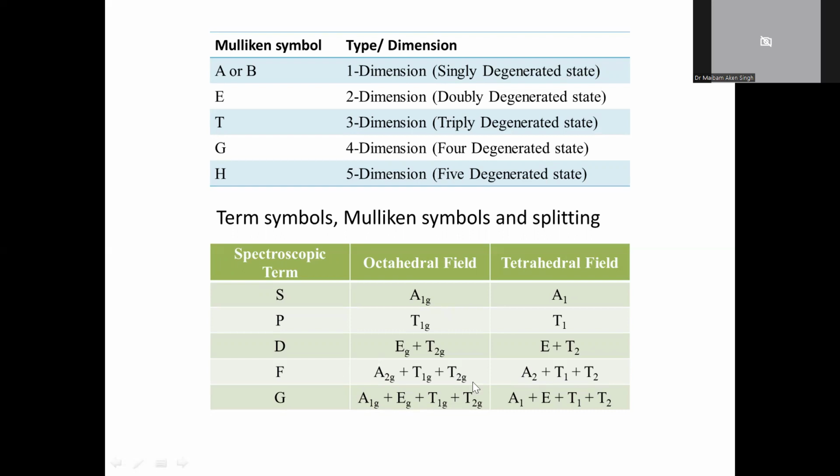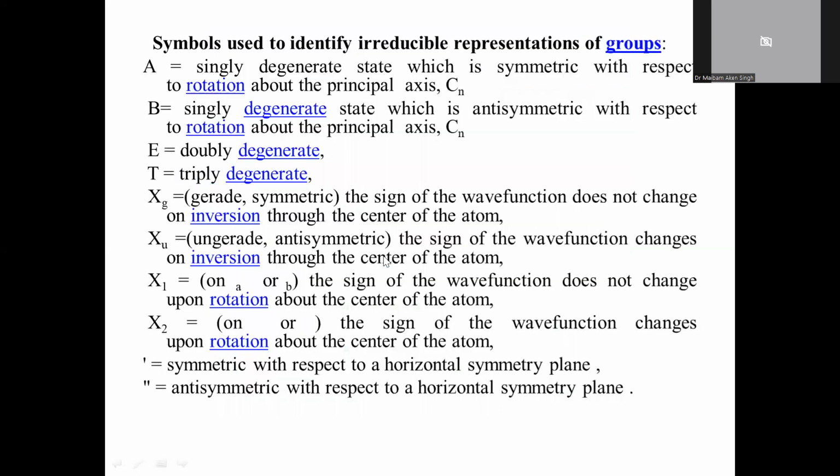T2g is rarely used, sometimes not used. But see here we have the set A1g, Eg, T1g, T2g. Then in the tetrahedral we have the removal of this.